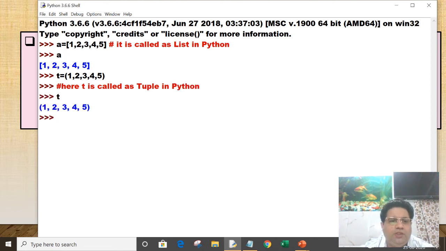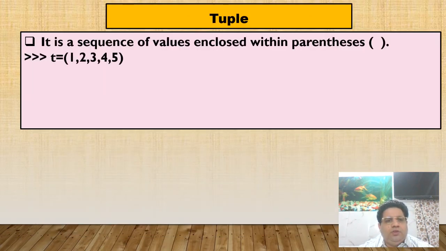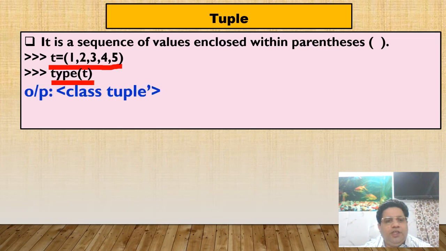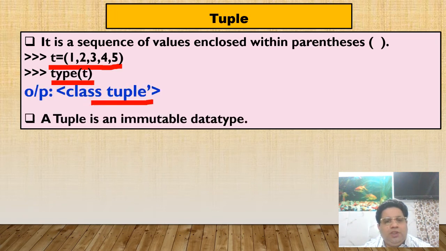When you print t, you will get the output within parentheses. Suppose t equal to 1, 2, 3, 5. Now get the data type of t, you will get class tuple. It is an immutable data type.